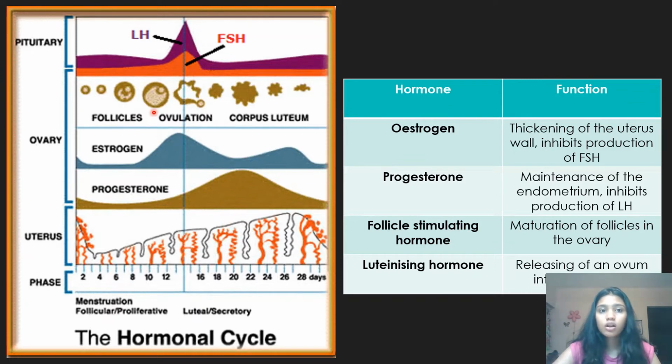Just remember the one that peaks at day 14, the ovulation day, is always LH. The one that also increases during ovulation is FSH, which is follicle stimulating hormone. LH peaks during ovulation without a doubt, in MCQs, theory, anything.